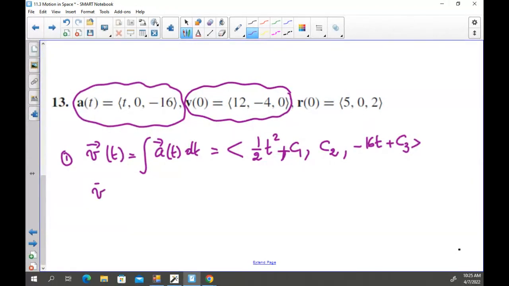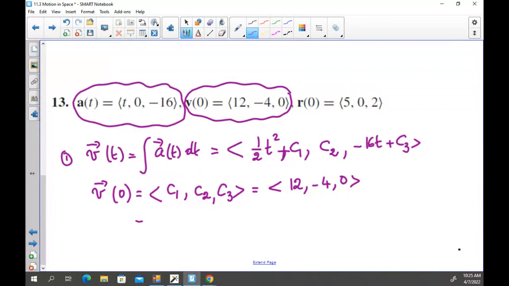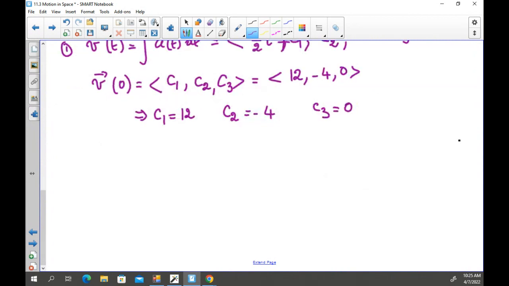Now we're going to get c1, c2, and c3 from v0. Now v at time t equals 0 is, by substituting t equals 0, c1, c2, c3, and then by using the information, it's 12, minus 4, 0. That means c1 is 12, c2 is minus 4, and c3 is 0.